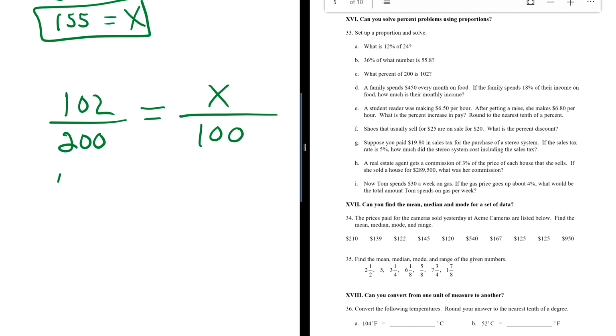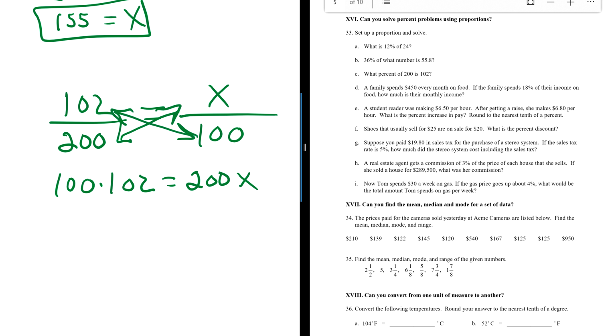So I've got 100 times 102 equals 200x. Cross multiplying is all I'm doing. And this one, as you can see, I'm not doing the actual multiplication because I have an idea that when I divide this by 200 and this by 200, on this side especially, these zeros cancel out.